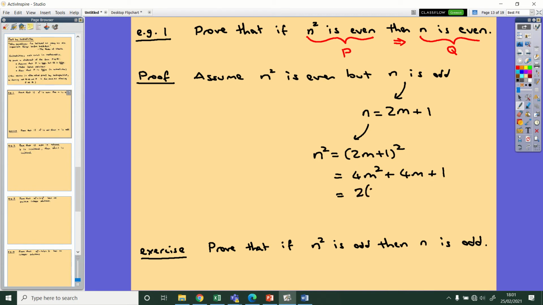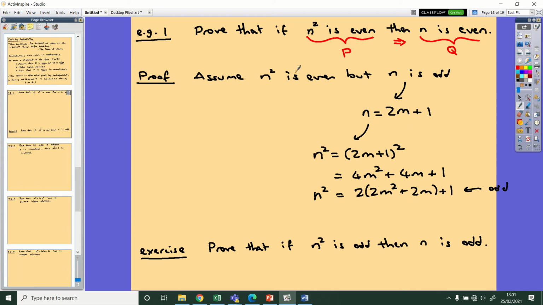So 2 times (2m squared plus 2m) plus 1. That's n squared, but that's an odd number. But in our assumption step, we assumed that n squared was even. So our contradiction is here because you can't have a number that's both even and odd. Great, so that's done.